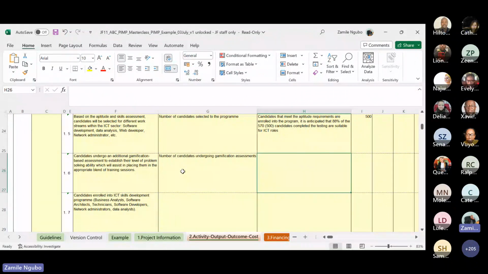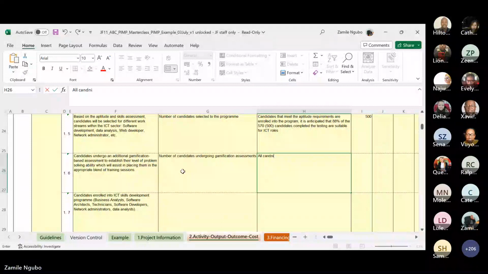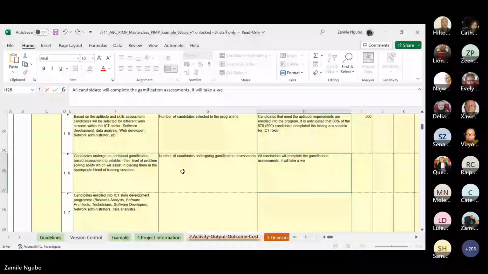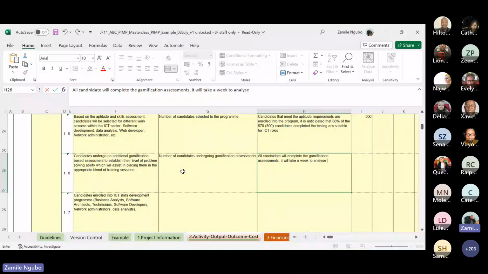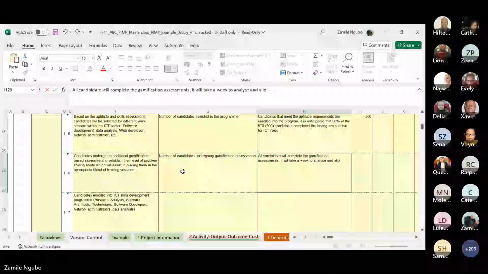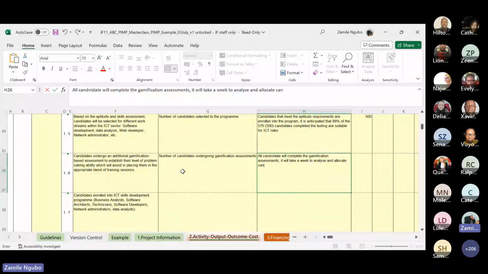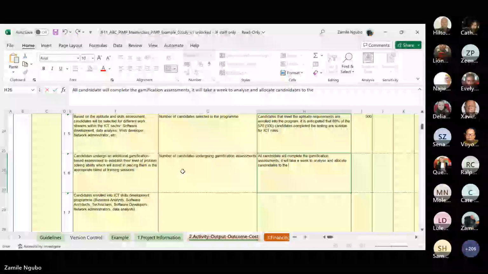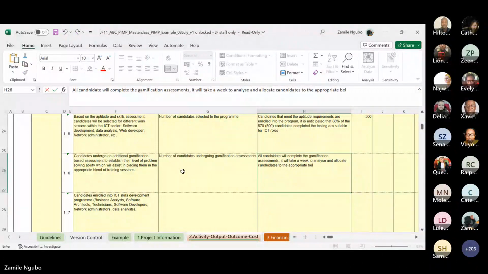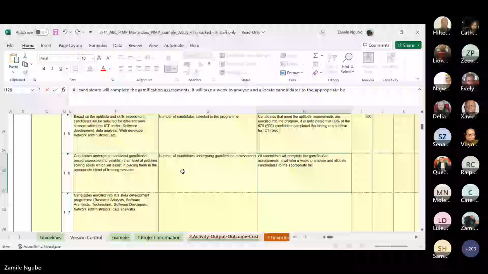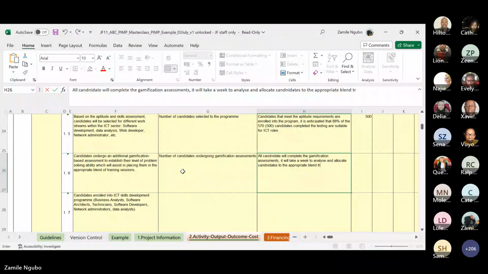All right, so we are assuming here that all candidates will complete the gamification assessment, and it will take a week to analyze and allocate candidates to the appropriate blend of training.